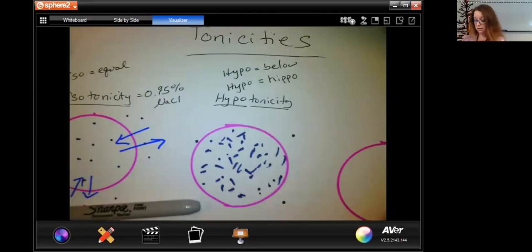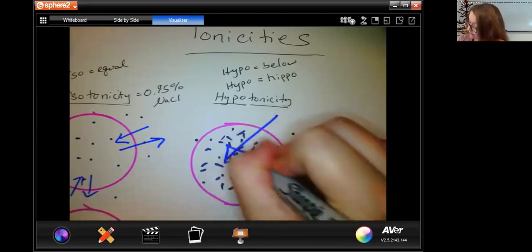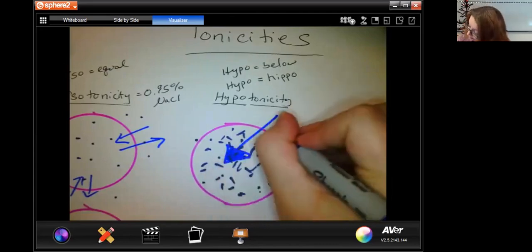What this means is that water is going to flow from high concentration to low concentration. Low concentration is inside the cell at this point because there's more solutes than water compared to outside. So water is going to enter the cell at vastly higher rates than it leaves the cell.